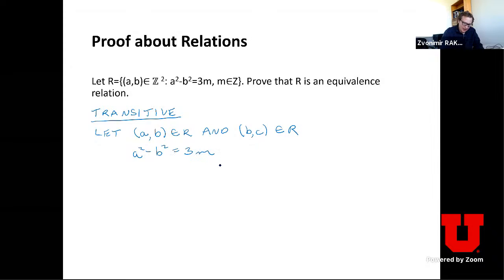And if BC is in R, then B squared minus C squared is equal to 3N.